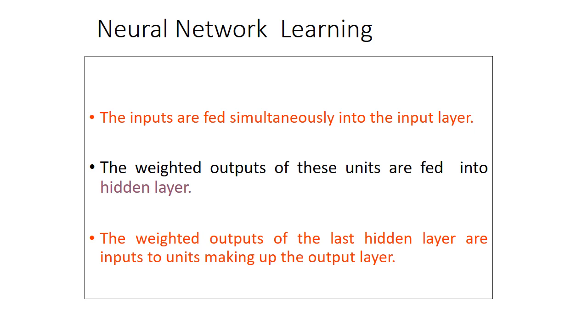In between the input layer and output layer, there is one more layer, or a group of layers, known as the hidden layer. The weighted output of the last hidden layer is input to the units making up the output layer. Whatever the input to some layer will be output to the next.